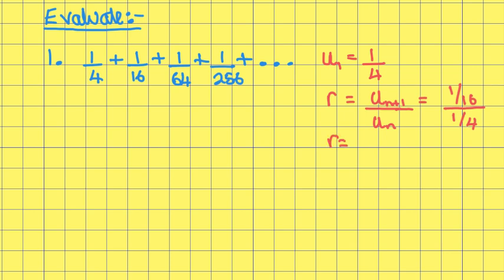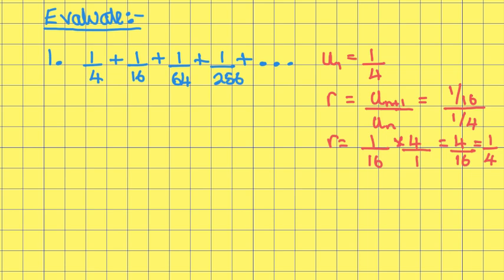So r is equal to 1 over 16 times 4 over 1, which is 4 over 16, which equals a quarter.